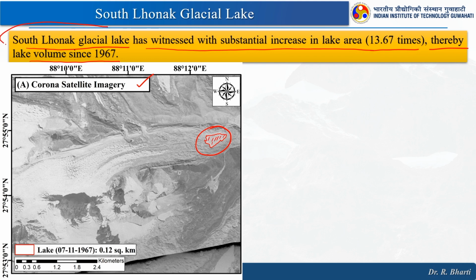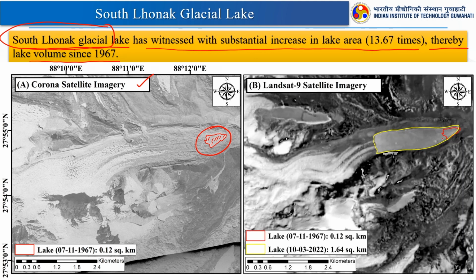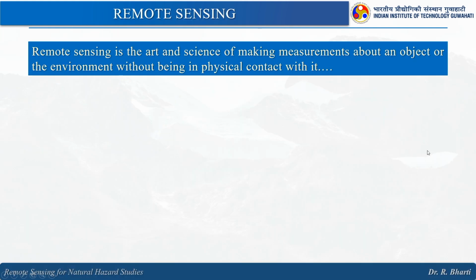This is South Lhonak Glacial Lake, and here you can see in 2022 how this particular area has changed. This is the earlier boundary, right, and the yellow color is 2022. So, you can see how it has increased. This kind of analysis can be performed when you have the satellite image.